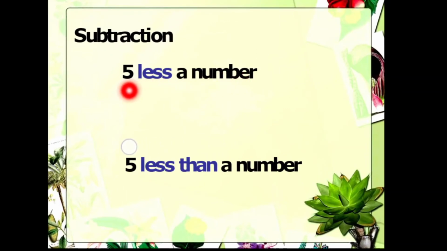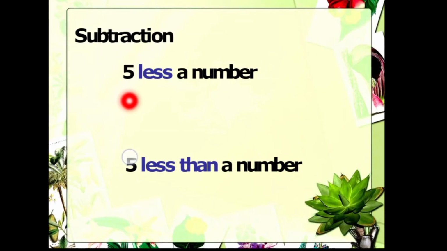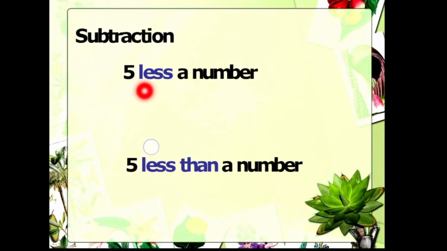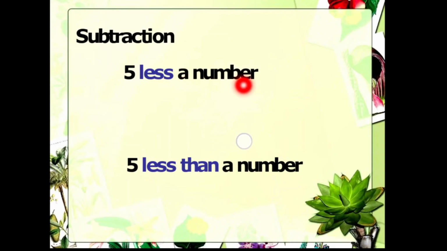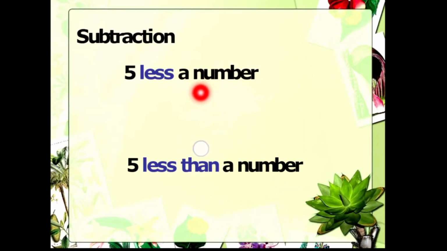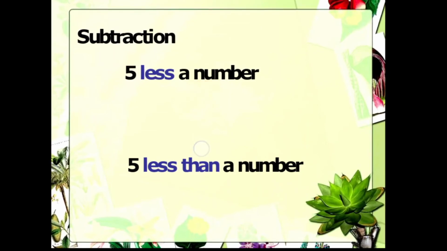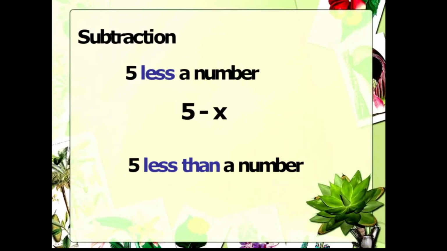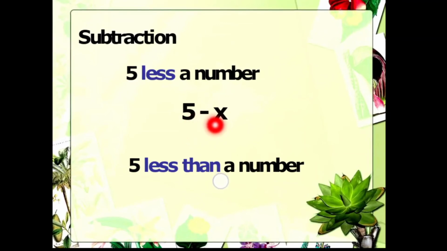It means that you have to write it based on the order of the given. So write 5, then less means subtraction, so minus, then a number. For the missing number, we will use a letter, either A, B, or up to Z. In this case, we will use x, for instance. So our answer is 5 minus x. 5 less a number.